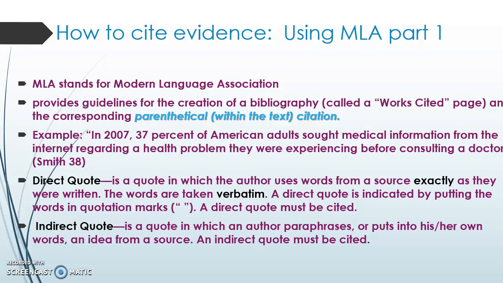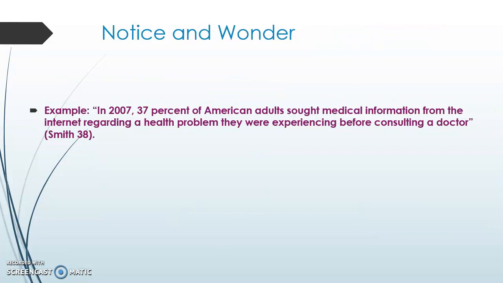You're going to paraphrase what the author said and put it in your own words, but you still have to give me and other readers the location of that quote. So if you were to put this example in your own words, you would still have to tell me what page you got it from and the author that you got it from.